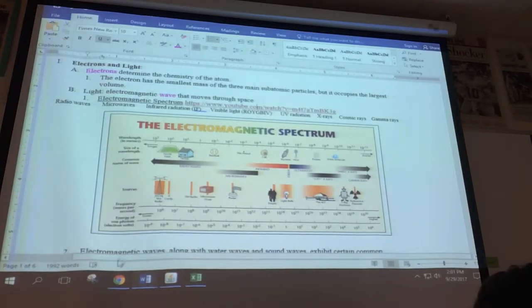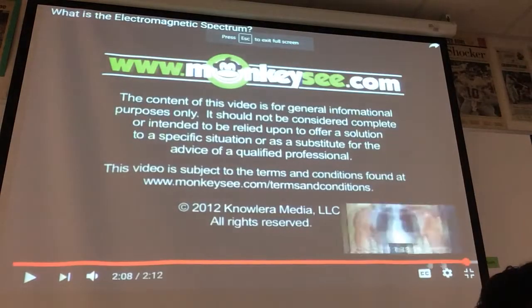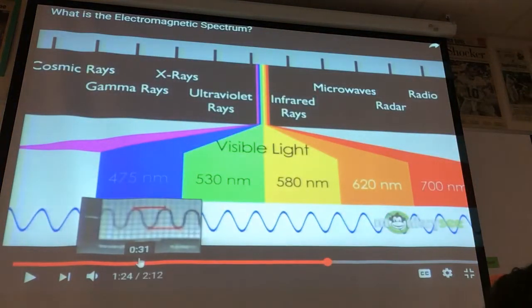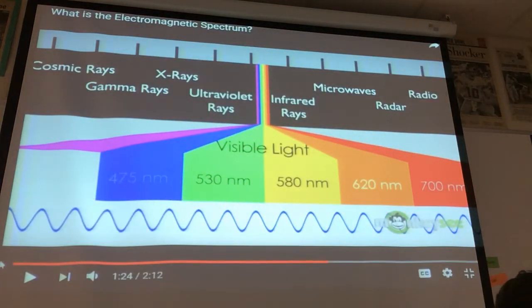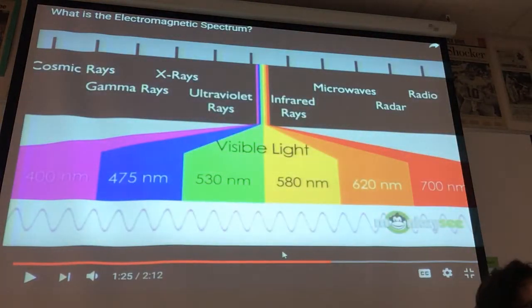One thing I do want to mention, just of interest: if you consider the visible light region of the electromagnetic spectrum, here's red, here's violet, and in the infrared region.